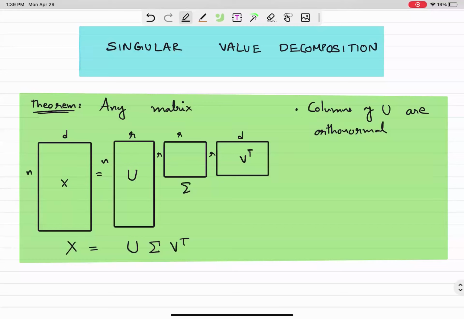They all have length 1 and they're perpendicular to each other. This is equivalent to saying that U transpose U is actually the identity matrix. And the same thing for V. The columns of V are orthonormal.